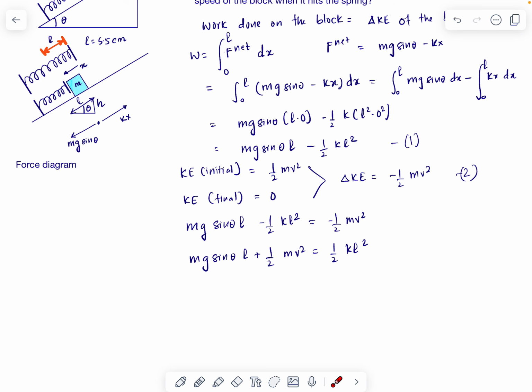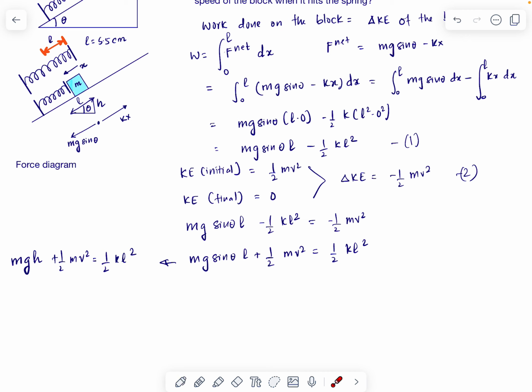So what has happened here is that this really looks like we are equating two different energies, and which is correct. If we rewrite this expression, realizing that if the block slides down by length L, it has fallen by height h, and L sine theta is just h, we can rewrite this as mgh plus half mv square equals half kL square.